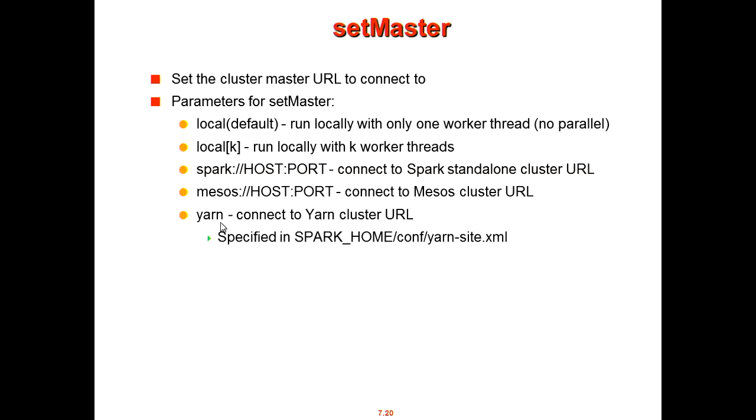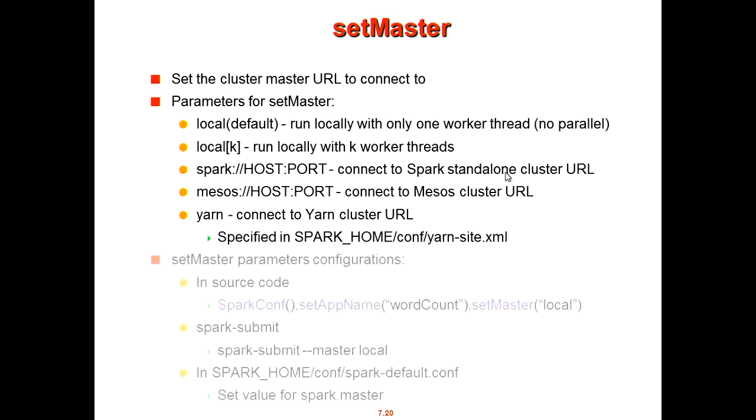So you can see here, YARN can also be used in Spark. You can specify this in the configuration file, yarn-site.xml, to connect to a YARN cluster. So which one to use is totally up to you. Normally, we can just use Spark's standalone cluster URL to do the distributed data processing.